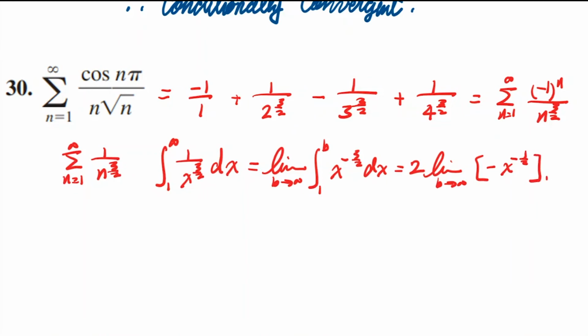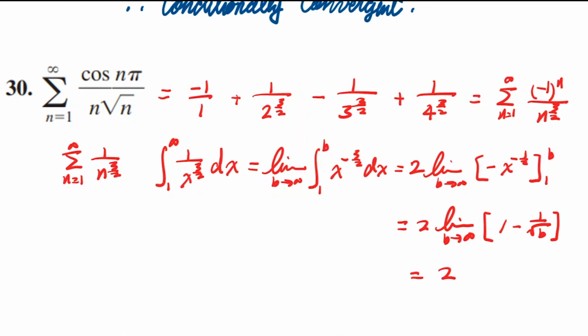You get it? You with me? Yeah. So 2 times the limit as b approaches infinity, and use plug-in professor as always. So substitute 1 first, so 1 minus substitute b, so it's 1/√b, eh? And take the limit and this term dies. So we have 2. You with me?